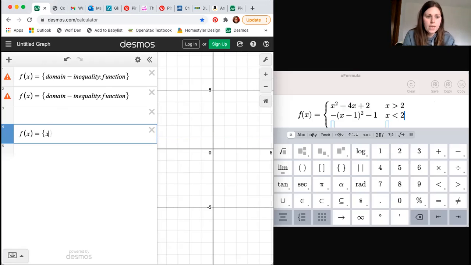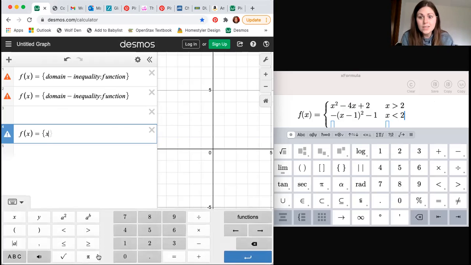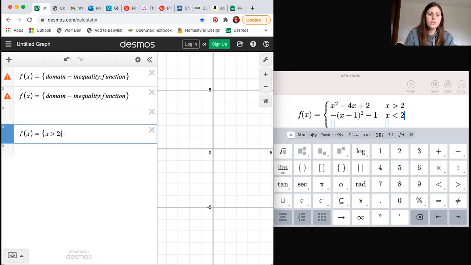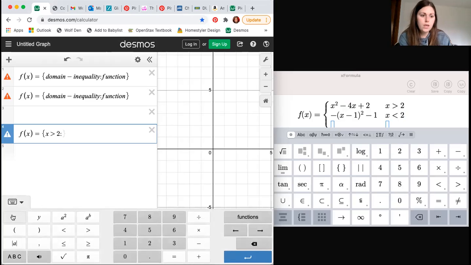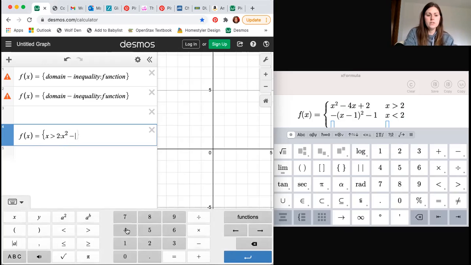So I've got to type x is greater than 2, colon, and then my actual function. My actual function is x squared minus 4x plus 2.